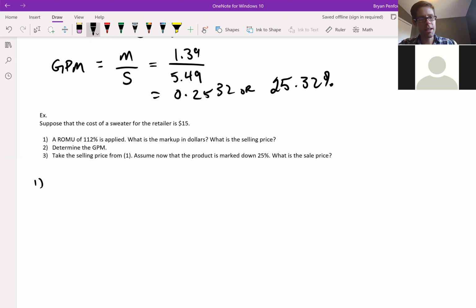Yeah, so if you know your rate of markup ratio, which is the markup in dollars over the cost to us in dollars, that's the rate of markup. So that's one way to start part one of this question. If I know the rate of markup is 112%, that's 1.12. And I'm trying to find the markup in dollars, and I know the cost is $15.